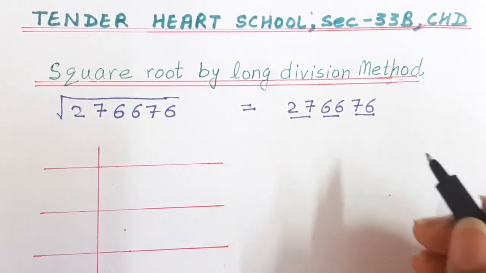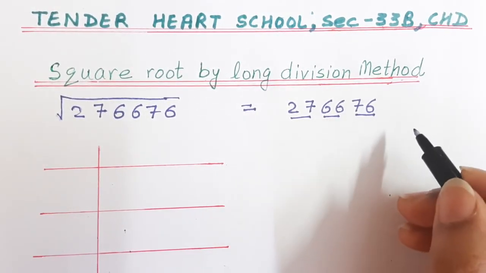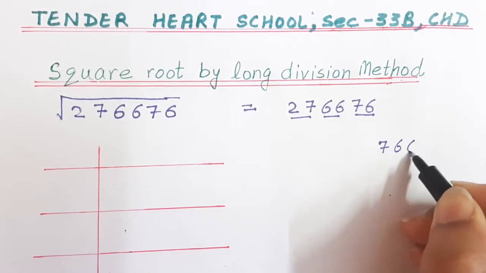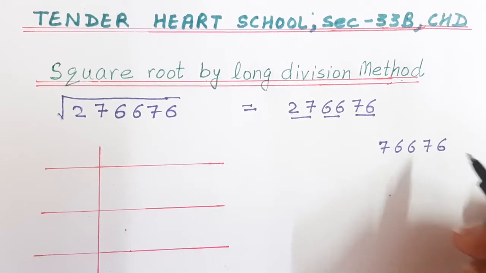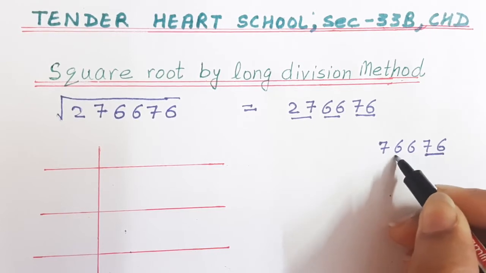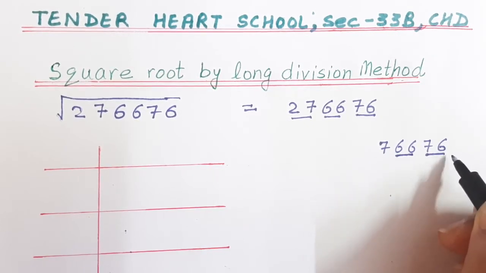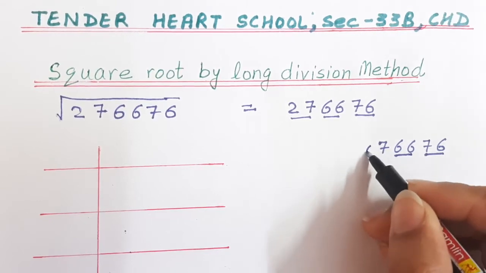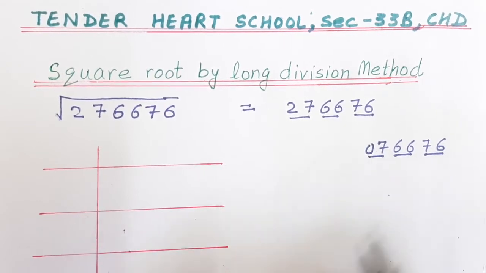Suppose the number of digits is odd, suppose the number is 76676. In that case, as per the rule, we have to make the pairs from right to left. So in this case, 7 you can say is 07.